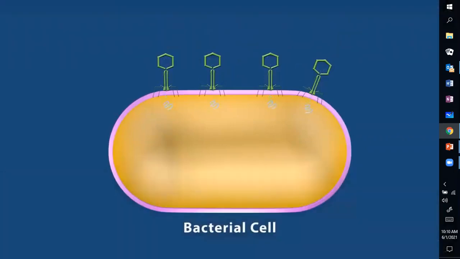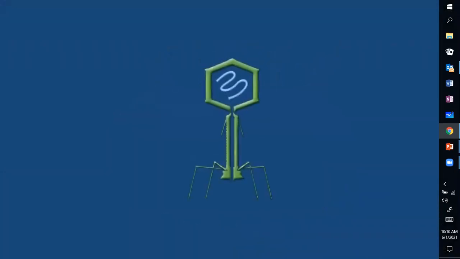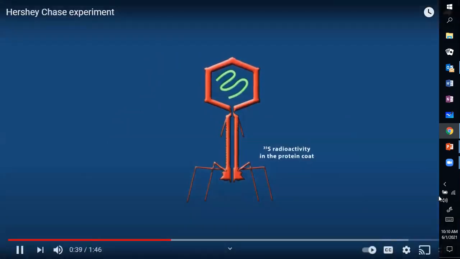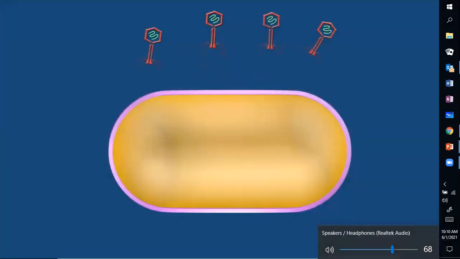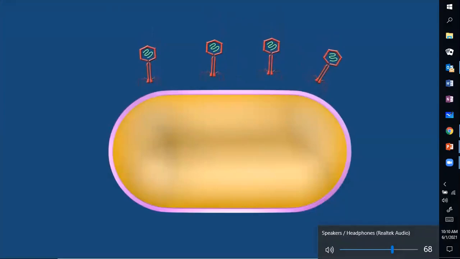The protein coat remains on the outside of the cell. In the first part of the experiment, phage were produced in a medium containing 35S radioactively labeled amino acids. This resulted in a phage population with 35S labeled proteins, but no radioactive label in the DNA. The phage were then allowed to infect the bacteria.